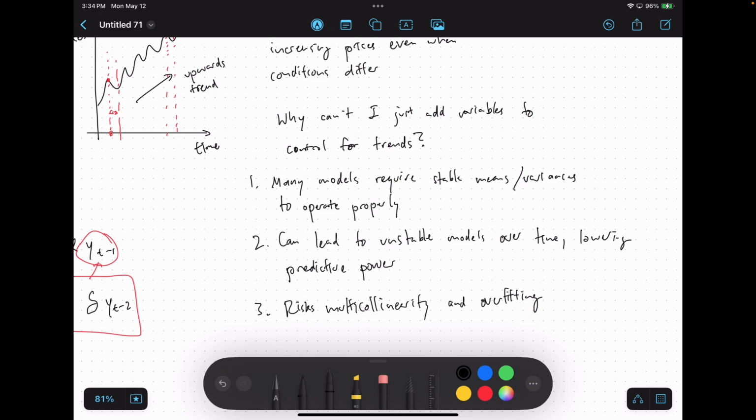Okay. So how can we deal with this? We're going to talk about a couple of different ways that either address stationarity or get around it.